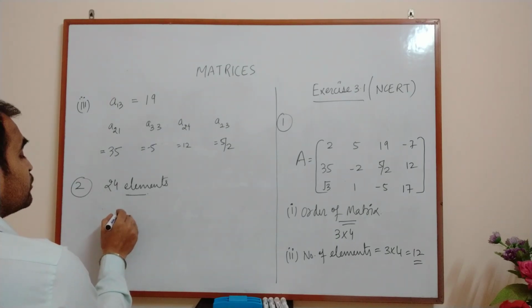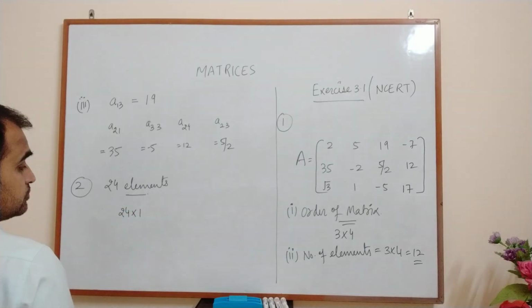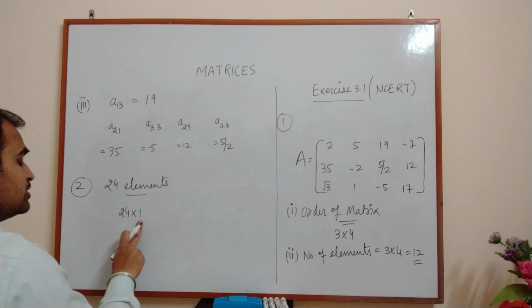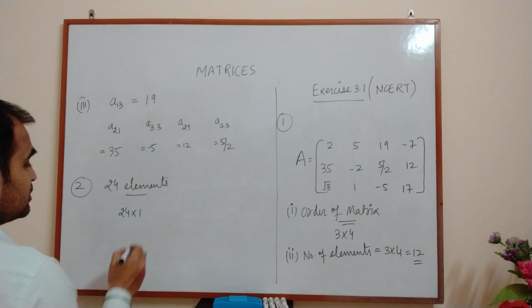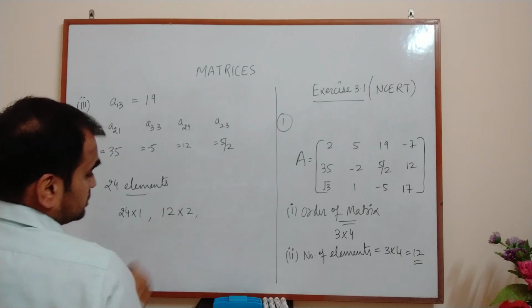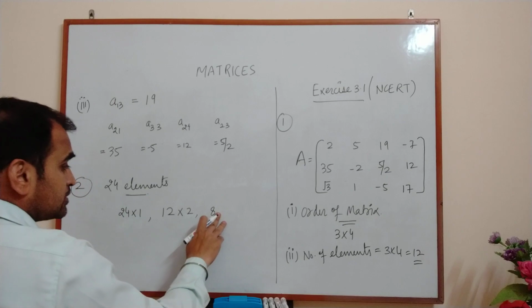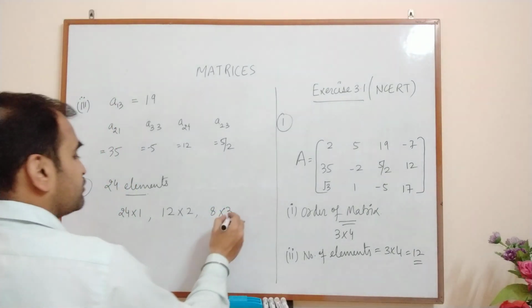The matrix can be of the order 24 by 1, meaning 24 rows and only one column. So it is a column matrix, and yes, it is possible. The second is 12 rows and 2 columns. The next is 8 rows and 3 columns. These are just ways to get 24, right?